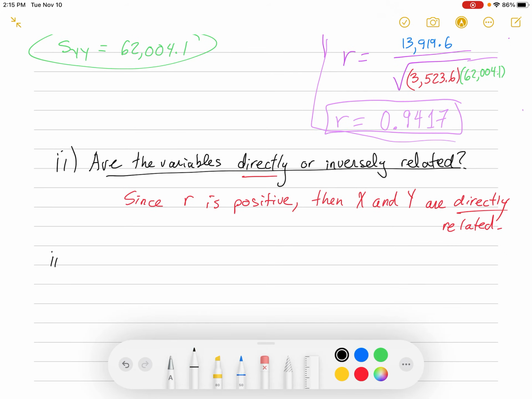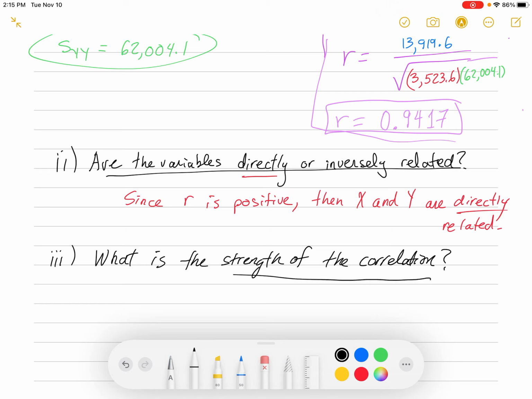Okay, number 3. What is the strength of the correlation? How strong is it? Is it strong? Is it moderate? Is it weak?